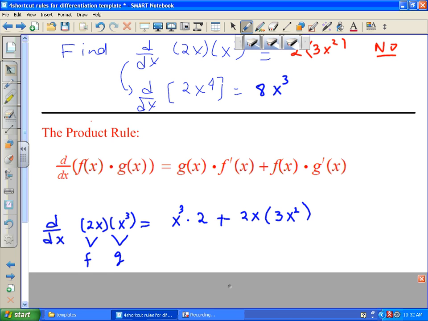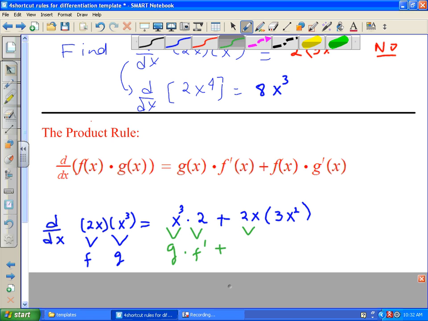If we dissect what we have done here, this is our g, and this is our f prime: g times f prime, plus, this is our f, and this is our g prime. So we applied exactly the same formula as we see up here.